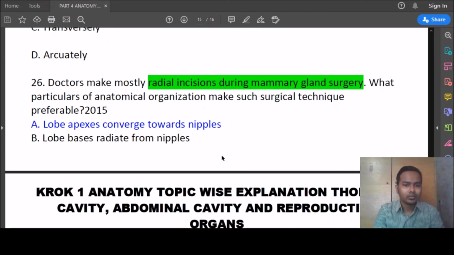What particular anatomical organization makes such a surgical technique preferable? Because the lobe axes converge toward the nipple. So we have to make the radial incision along the side of the nipple.